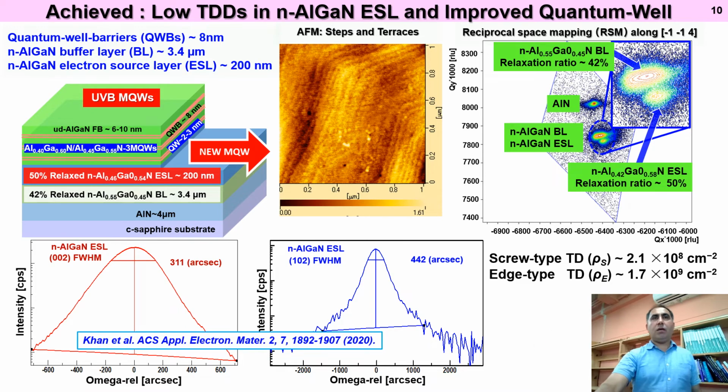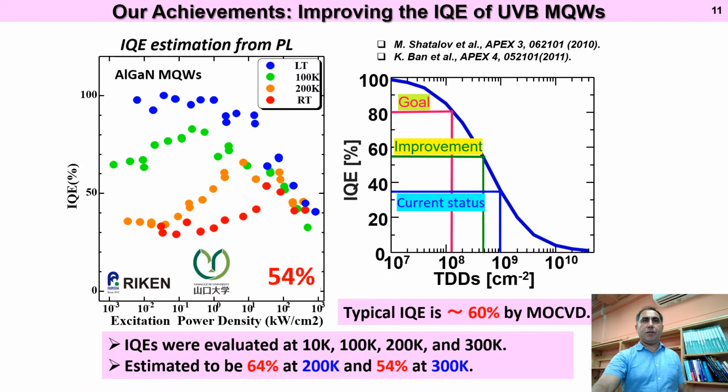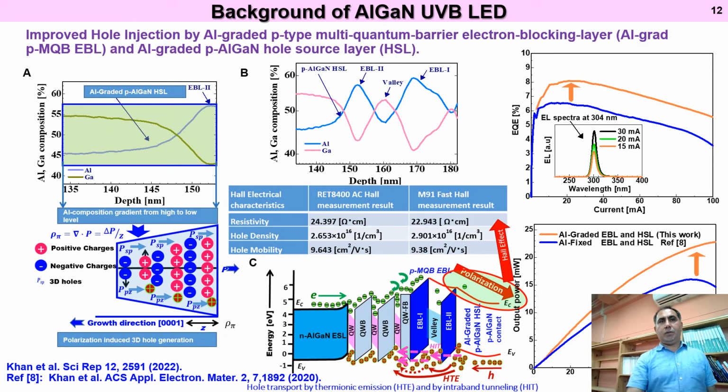So by using this new quantum well structure, we can get an IQE of 54%, in collaboration with Yamaguchi University. And by using this quantum well structure in our new LED design, last year we did some work introducing the polarization-doped hole source layer, where the aluminum composition as a function of depth is given here.